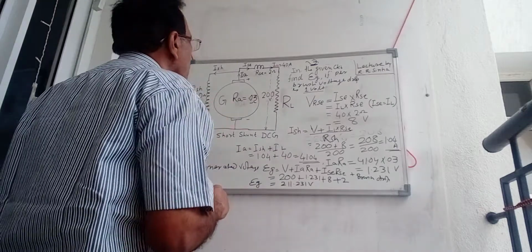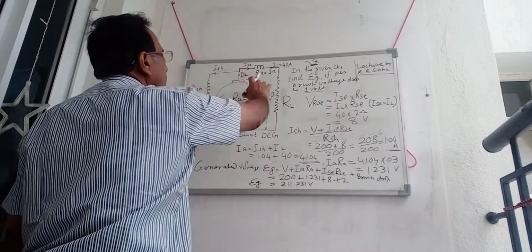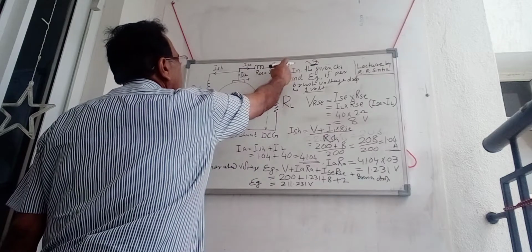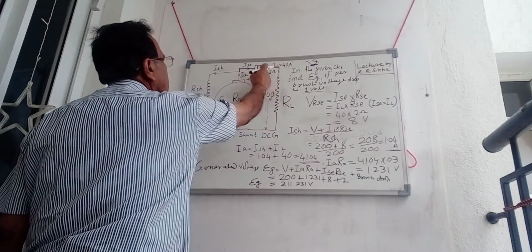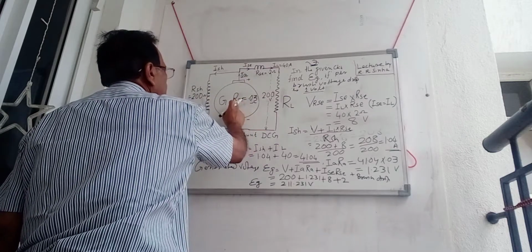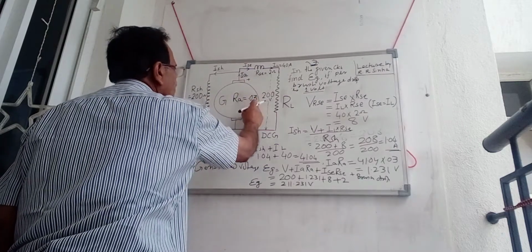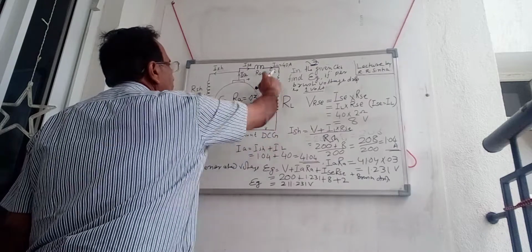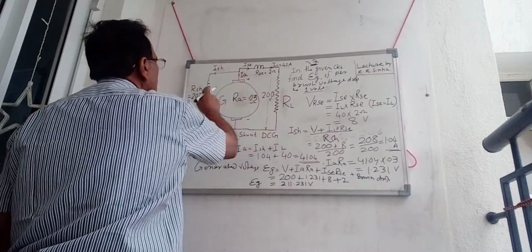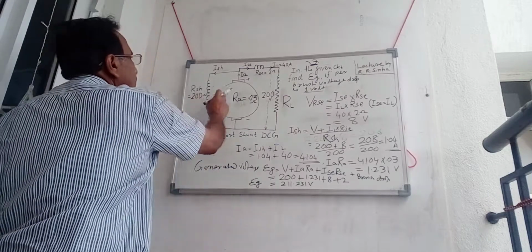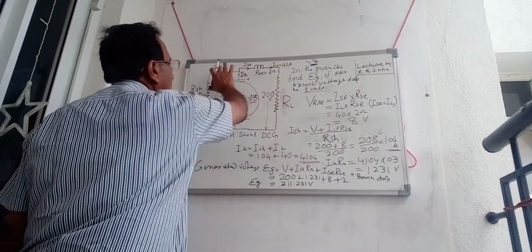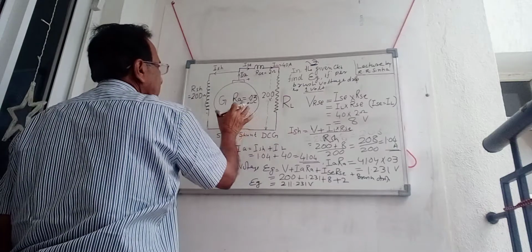Once more, the circuit is given. The given parameters are load current 40 ampere, series resistance 0.2 ohm, armature resistance 0.03 ohm, terminal voltage 200 volt and shunt resistance 200 ohm. 1, 2, 3, 4, 5 parameters are given in the circuit.